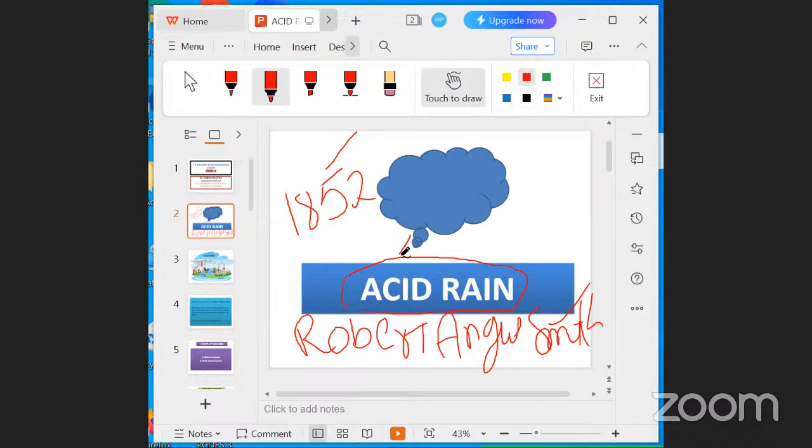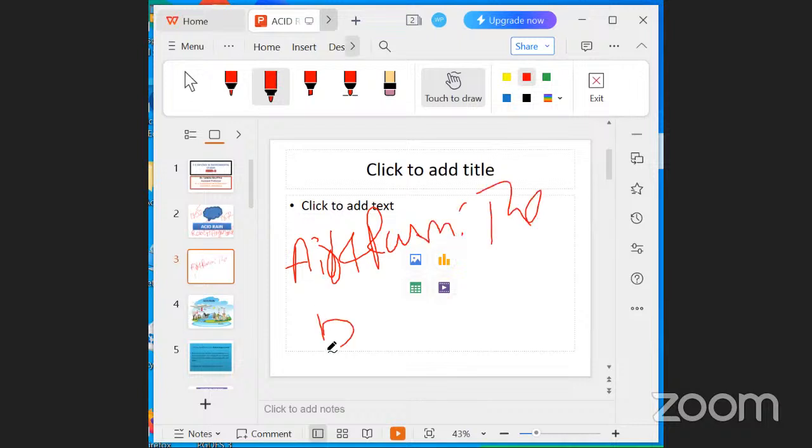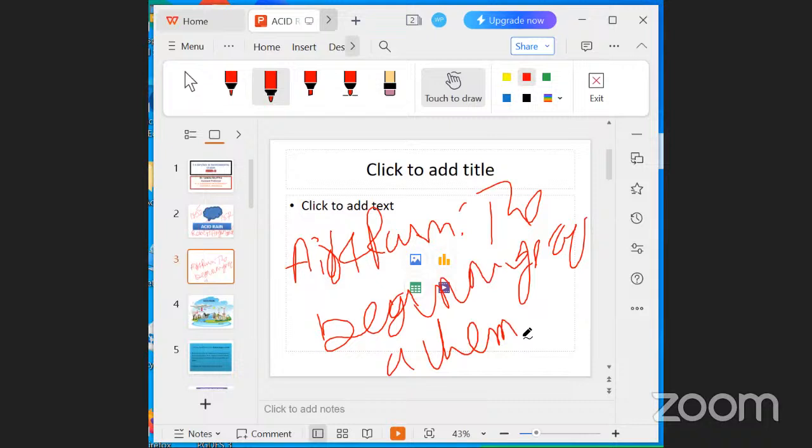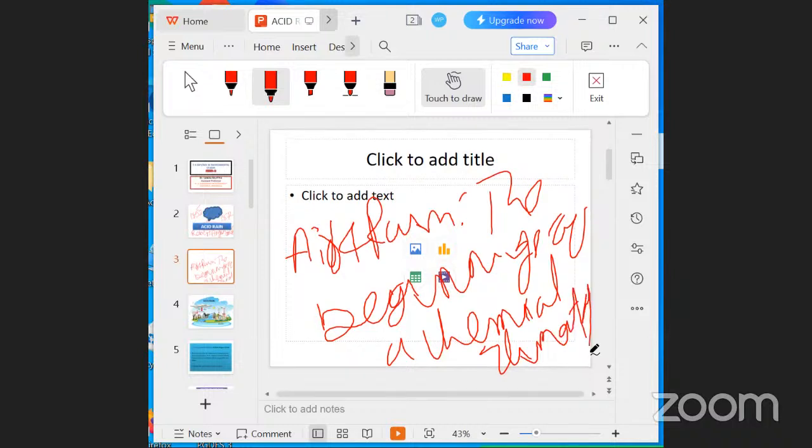He wrote about his findings in 1872 in the book Air and Rain: The Beginnings of a Chemical Climatology, right? So he wrote this book.